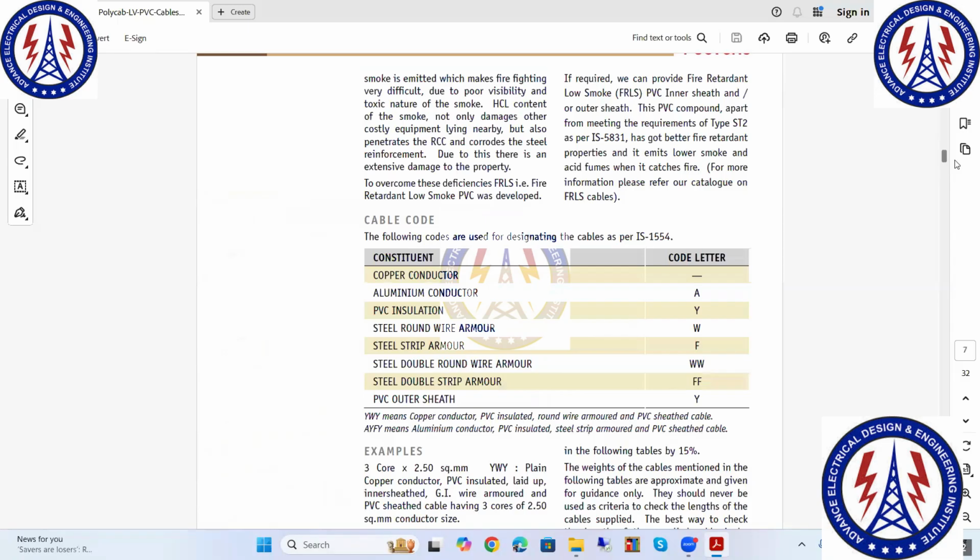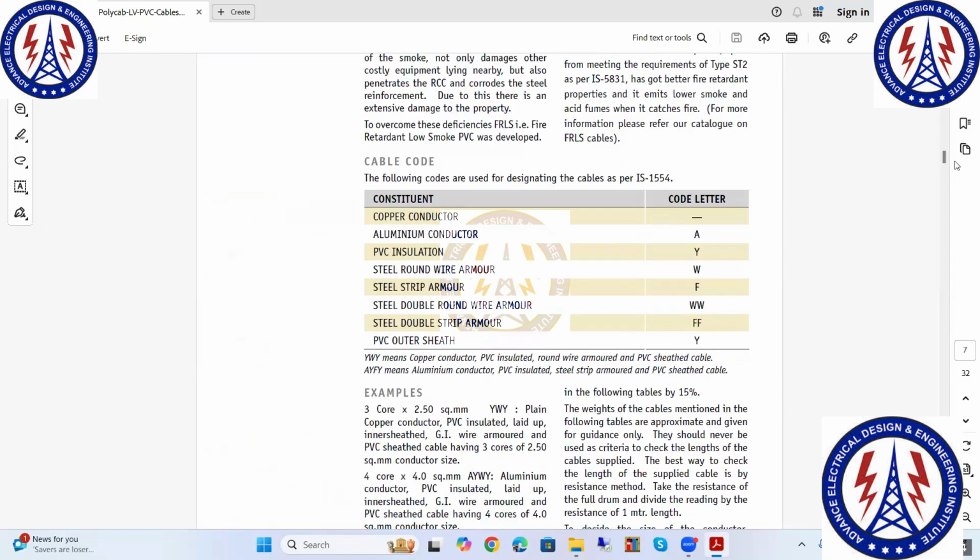Whenever we look at the cable, there are some codes defined on the cable outer sheath. With the help of that, we can identify the type of the cable, the cable construction, and that is provided on the outer sheath. This is called the cable numbering.